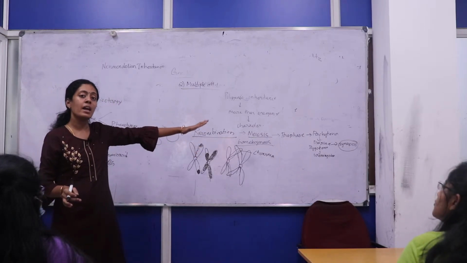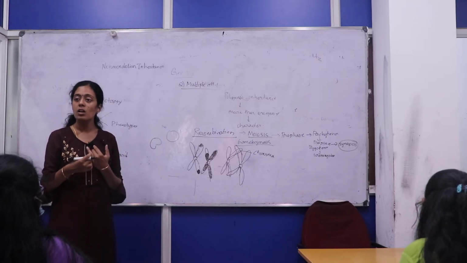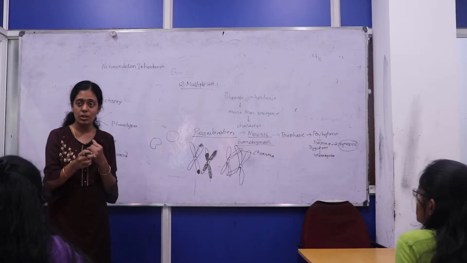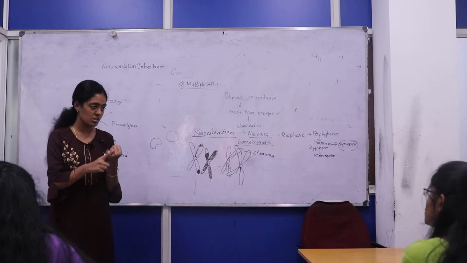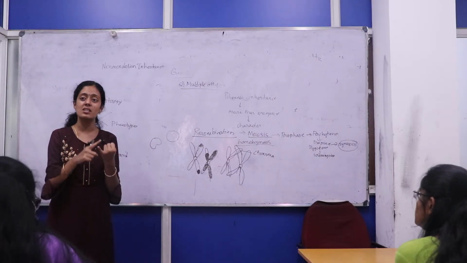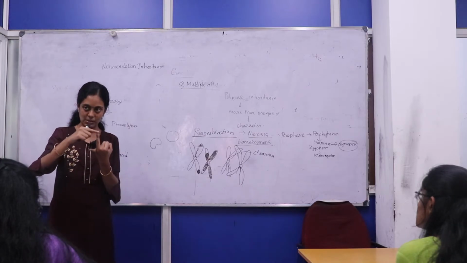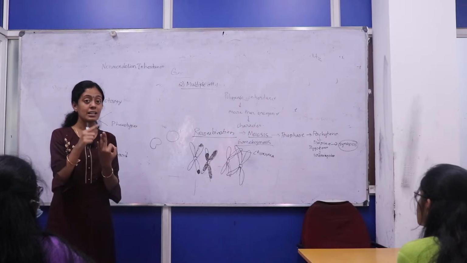Crossing over is very important for variation among organisms. Okay, so you can have very important questions. Where does crossing over happen? During gametogenesis. During which stage does crossing over happen? During meiosis 1, prophase 1, under zygotene.